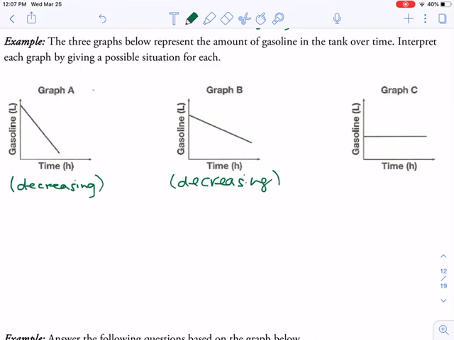And so maybe this situation is the car, whatever vehicle we have, is driving quickly and using a lot of gas. That's a very plausible explanation for what we are seeing here.